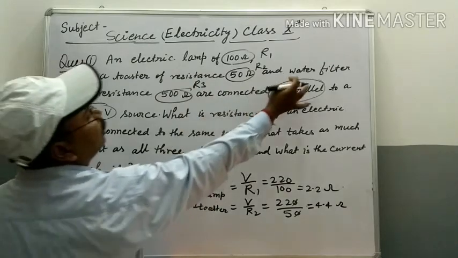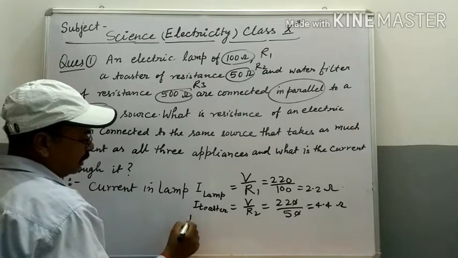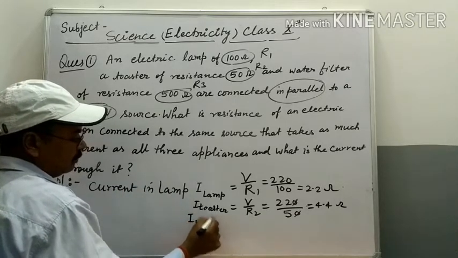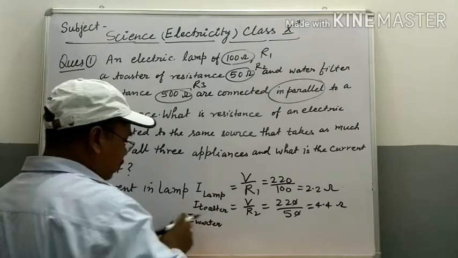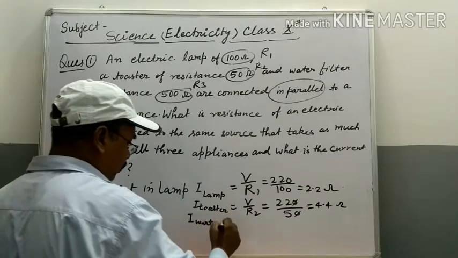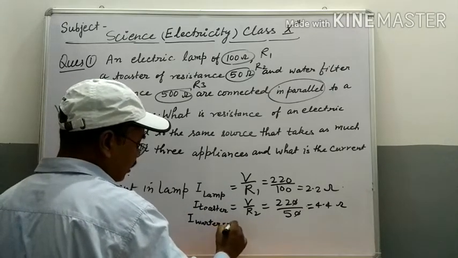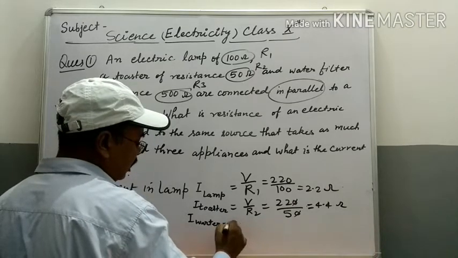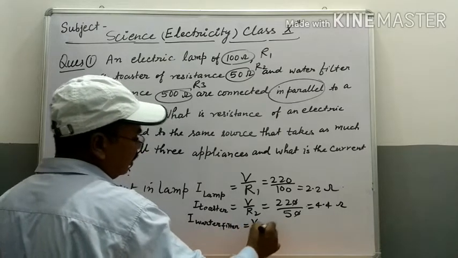नेक्स्ट स्टूडेंट्स, करंट इन वाटर फिल्टर, दैट्स वाटर फिल्टर, करंट I वाटर फिल्टर सफिक्स है और नोटिफाई ये फिल्टर. सेम फार्मूला स्टूडेंट वाटर फिल्टर की करंट के लिए भी, दैट्स V अपॉन R3 थर्ड रेजिस्टेंस.